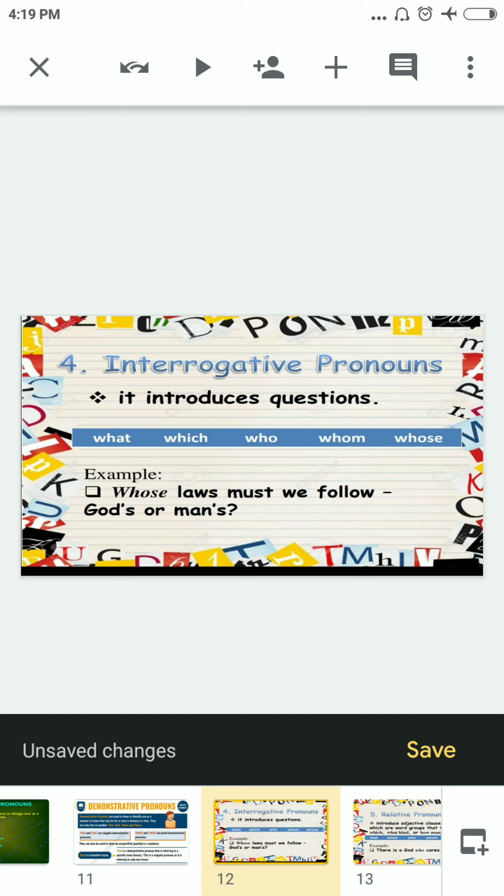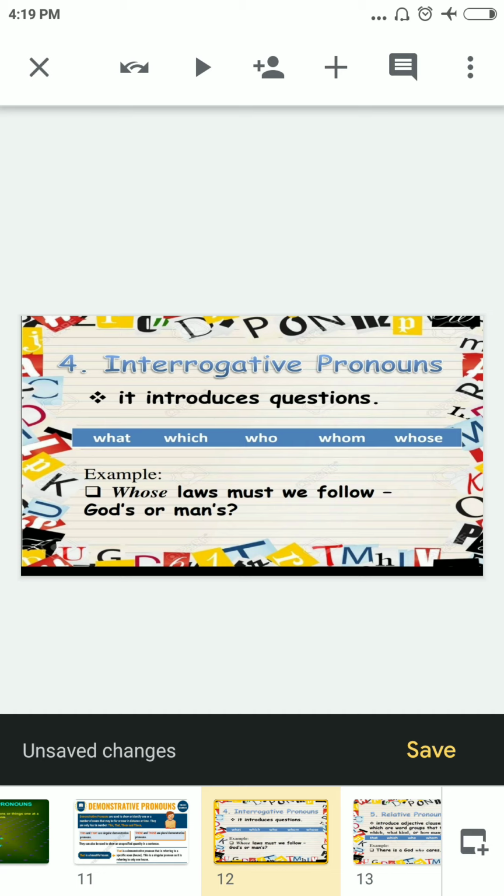Now next is interrogative pronouns. By the word itself we are able to understand that it is about to interrogate, to inquire. An interrogative pronoun introduces questions. So in inquiry, in questions, we are asking the questions. So these pronouns are asking the questions. Obviously, we are going to use the WH words here: what, which, who, whom, whose.